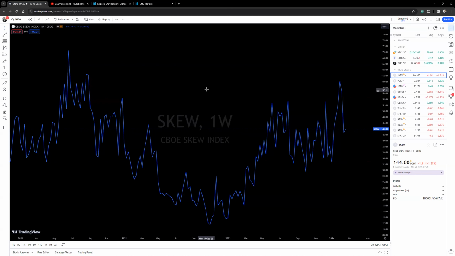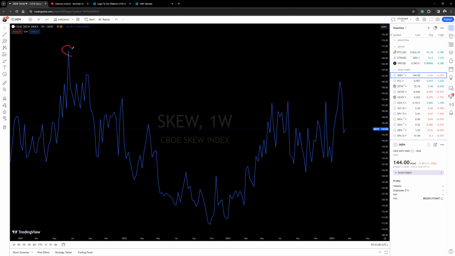In this video, I'm going to talk about some charts that can give us some good examples of the bottoming or pivoting for the market. So this is a SKEW chart, and as you see here, SKEW is a good, I should say, not leading indicator, but a good indicator for us to see if a market is pivoting to the downside or upside.